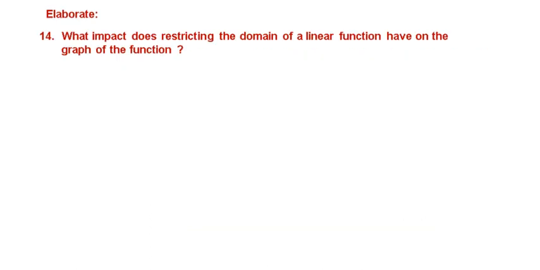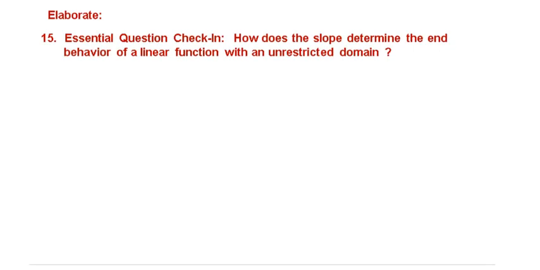What impact does restricting the domain of a linear function have on the graph of the function? We've seen that with the Joyce jogging and the candle and the other examples. So that should be self-explanatory. Essential question check-in. How does the slope determine the end behavior of a linear function with unrestricted domain?